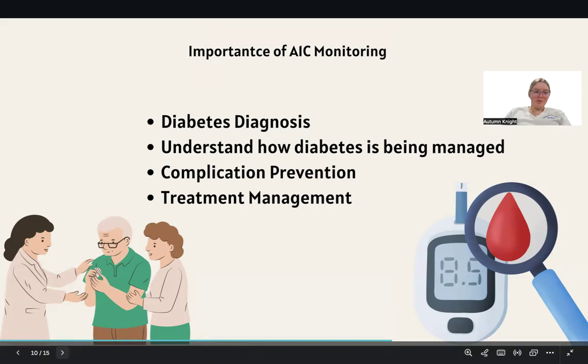And this proactive approach helps minimize the risk of long-term diabetes complications such as nerve damage, kidney disease, eye problems, heart disease, and ultimately improving overall health and quality of life.